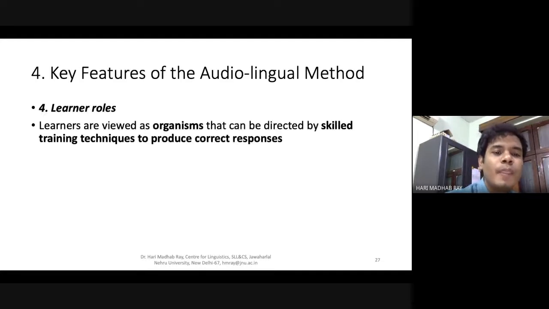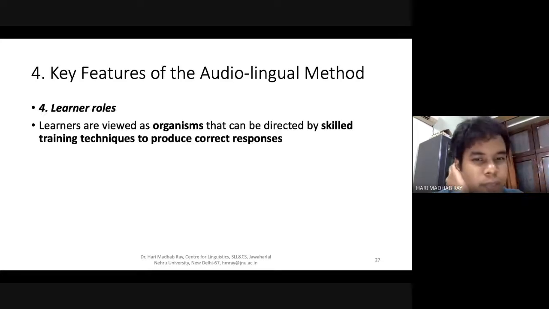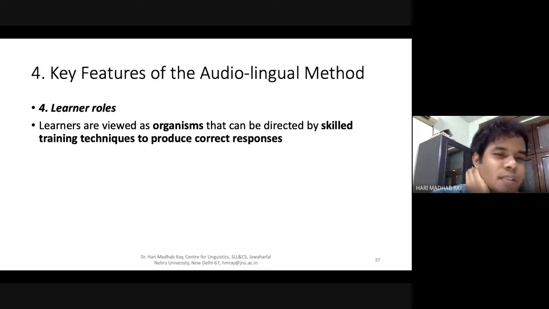So the learner roles. Try to understand that this is where we had seen that in the audiolingual method, learners are viewed as organisms that can be directed by skilled training techniques to produce correct responses.